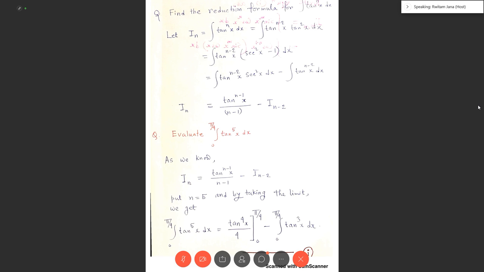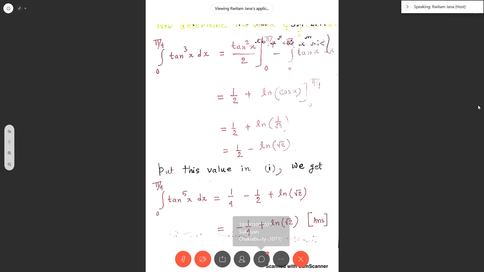That is, if you put n equals to 3 in the formula, then in the right hand part, for I_(n minus 2), you will get I1, and I1 is nothing but the integral from 0 to pi by 4 of tan x dx. Now, what is basically this thing? That is tan square x divided by 2 over 0 to pi by 4 minus the integral from 0 to pi by 4 of tan x dx. This thing is a little bit hazy.